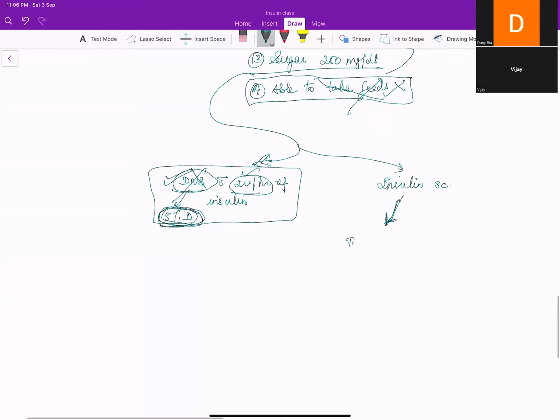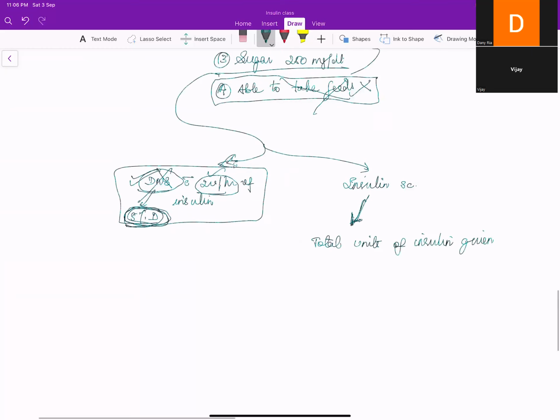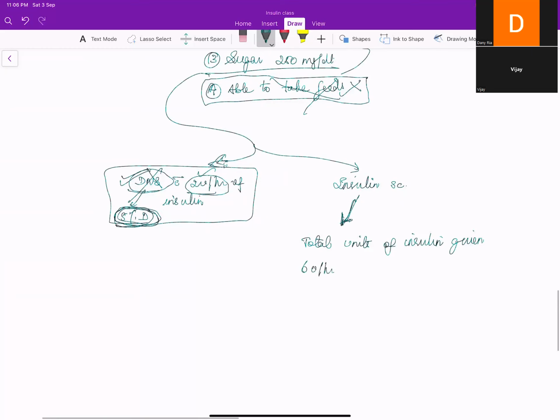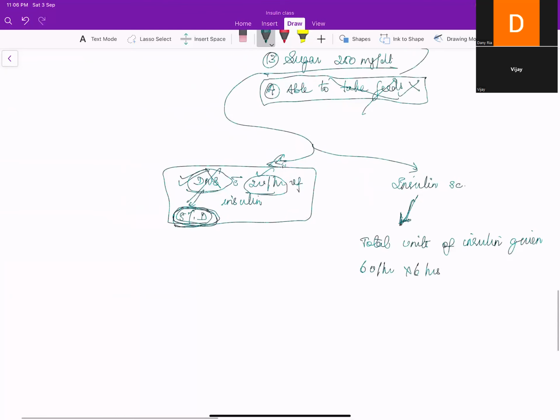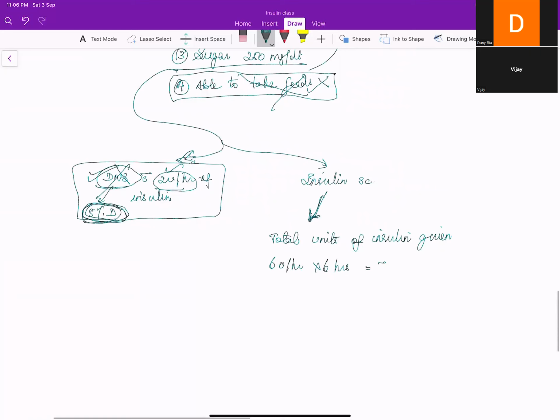For that, you have to calculate the total units of insulin given. For example, the patient was getting 6 units per hour for 6 hours. This was the total dose of insulin given. So how many units have been given till now in total? 36 units, right?